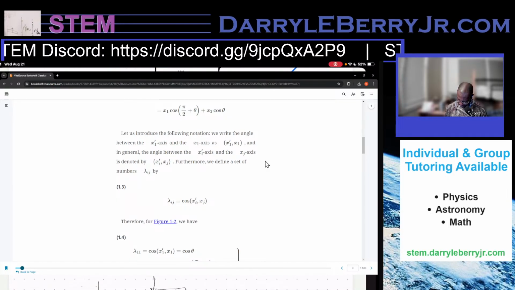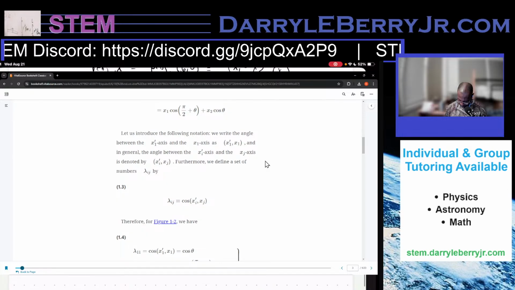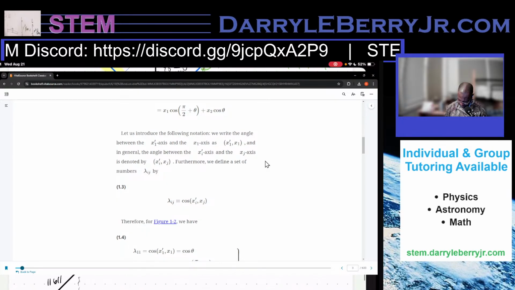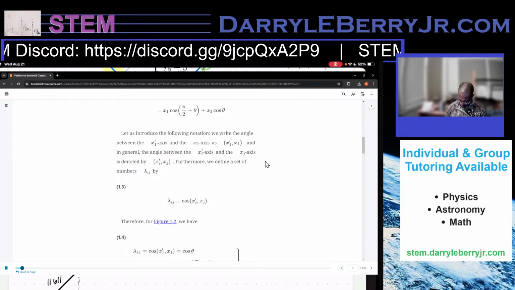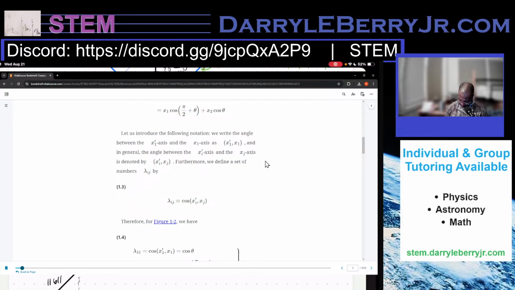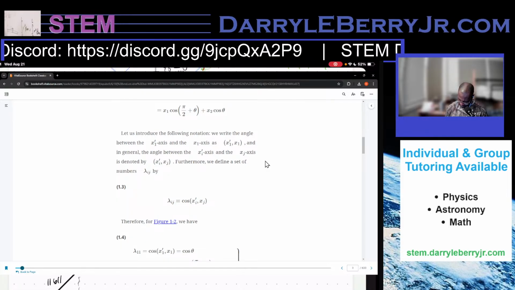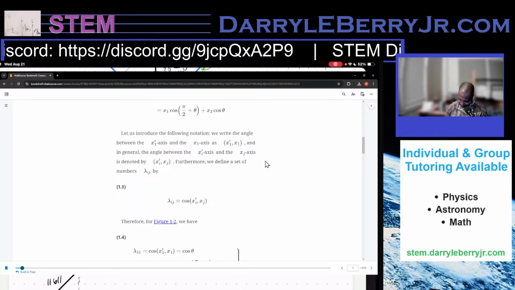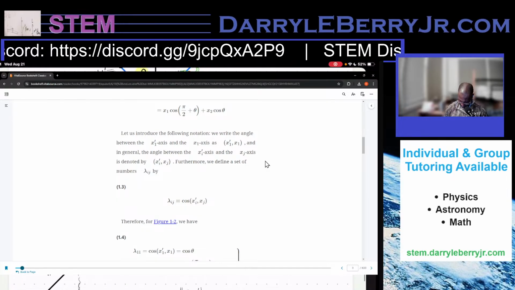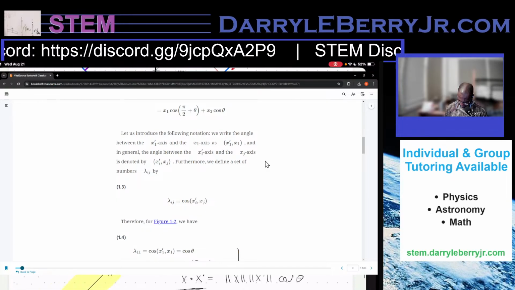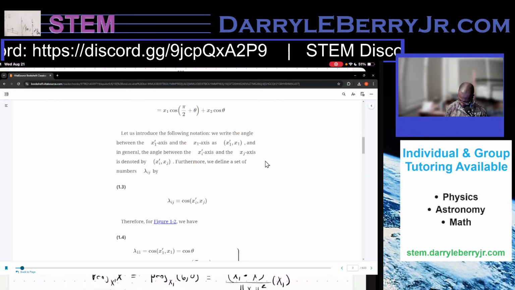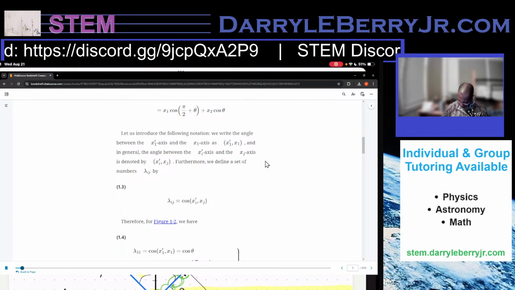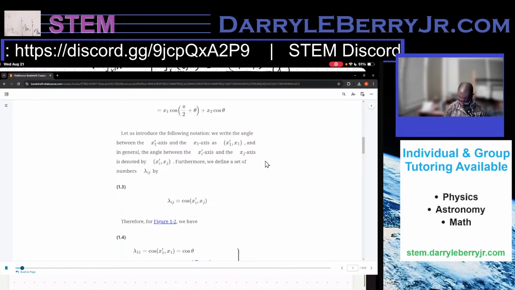I actually redrew this here. If you look at this x right here, this x is this x. I just rotated it around. And this x prime right here is this x prime.